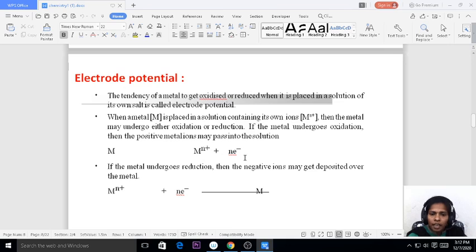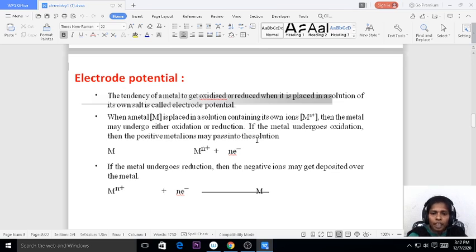The metal loses n number of electrons to produce M n+. If the metal loses one electron, we get M+ plus an electron. If the metal loses 2 electrons, M2+ plus 2 electrons. Losing 3 electrons, M3+ plus 3 electrons. And if the metal loses n number of electrons, we will get M n+.